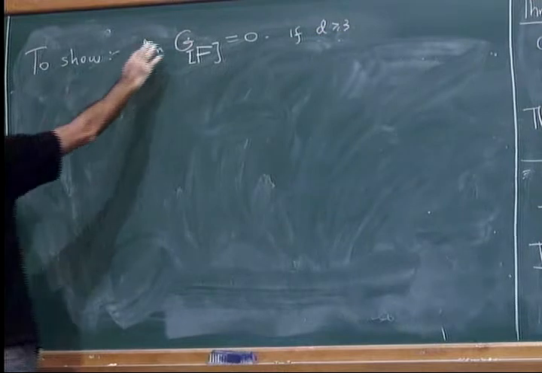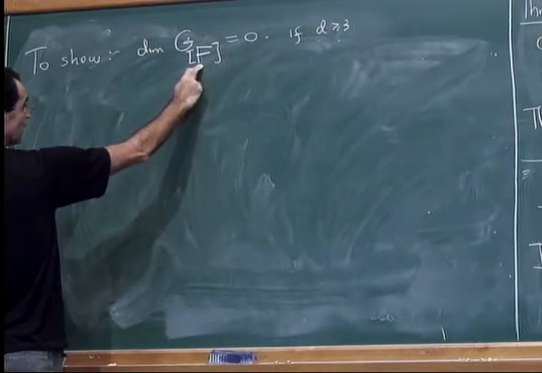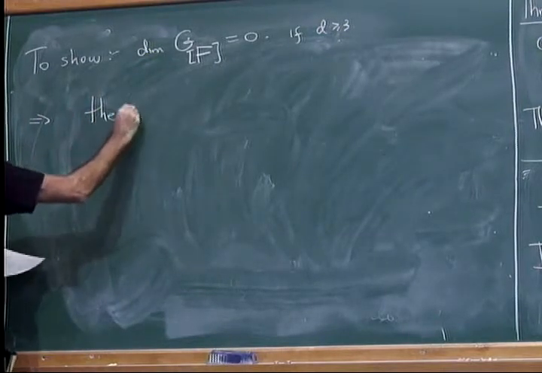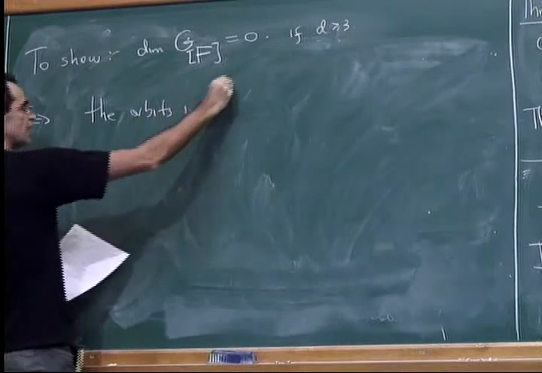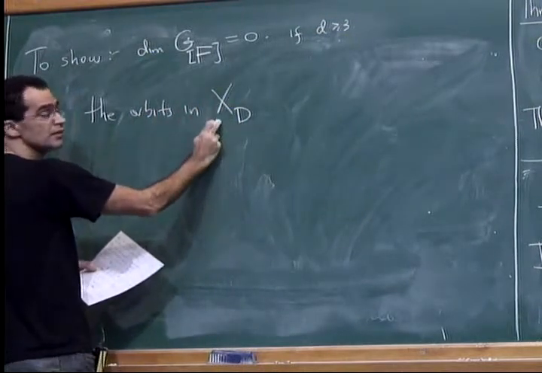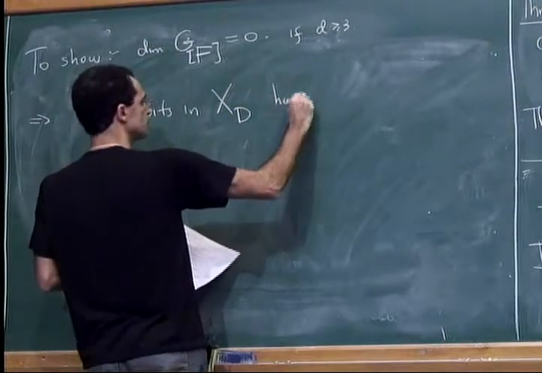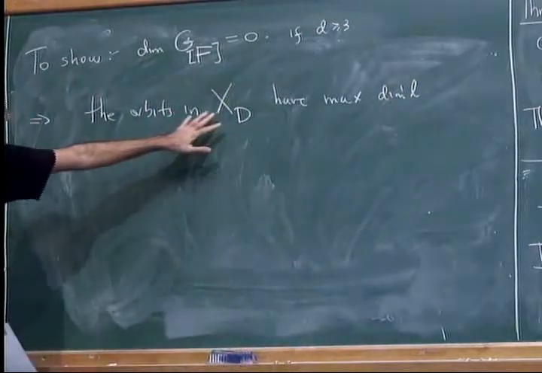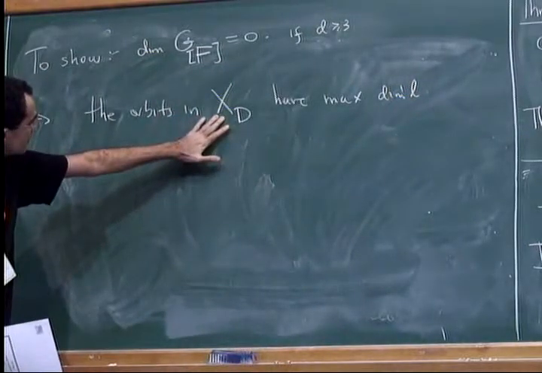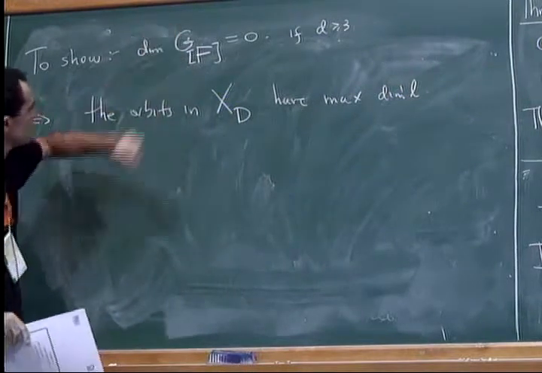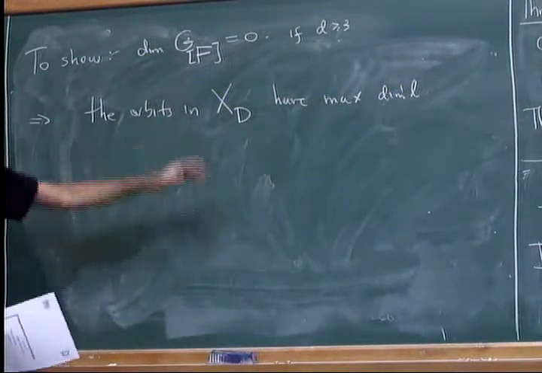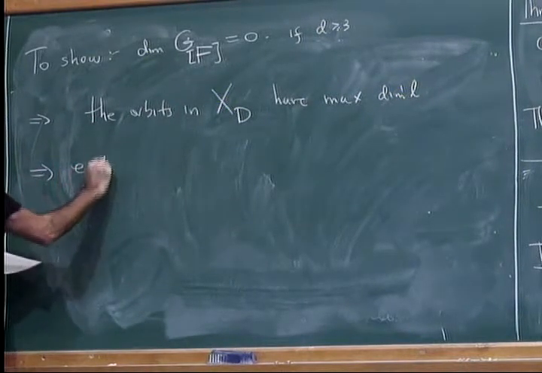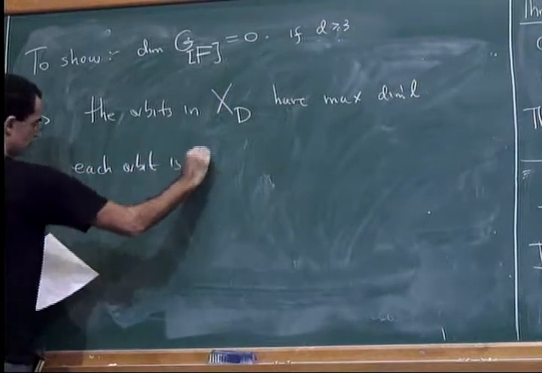Okay. So what happens if this is true for any non-singular f? Then that would imply that the orbits in XD, this principal open subset, have maximal dimension. So the points in XD correspond to non-singular hypersurfaces. And if all of them have stabilizer of dimension 0, then that means that the orbits have dimension equal to the dimension of the group. And then we see that each orbit is closed.